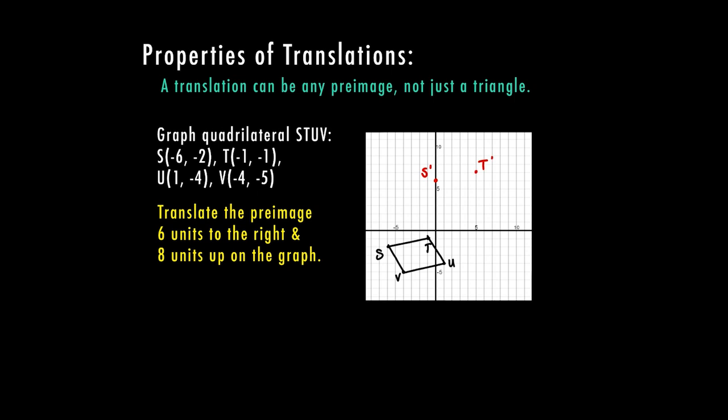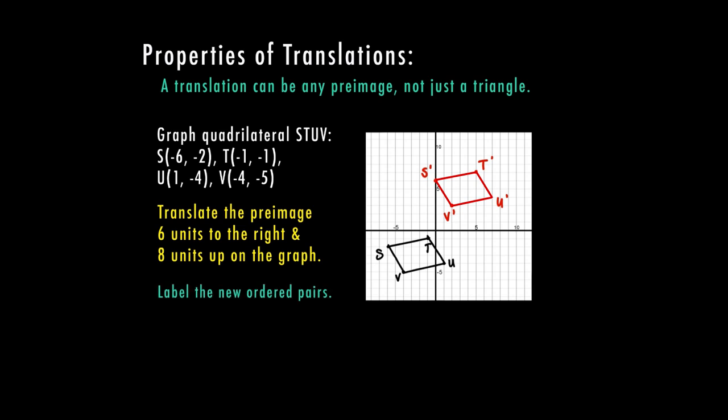So my T image should be from S, 1 up and 1, 2, 3, 4, 5 over. And it looks like I've accomplished that. So now my V image, if I go 6 right and 8 up, I end up right here for my V image and my U image. So now I've connected my points and I can see that everything has moved the exact same distance, 6 to the right and 8 units up.